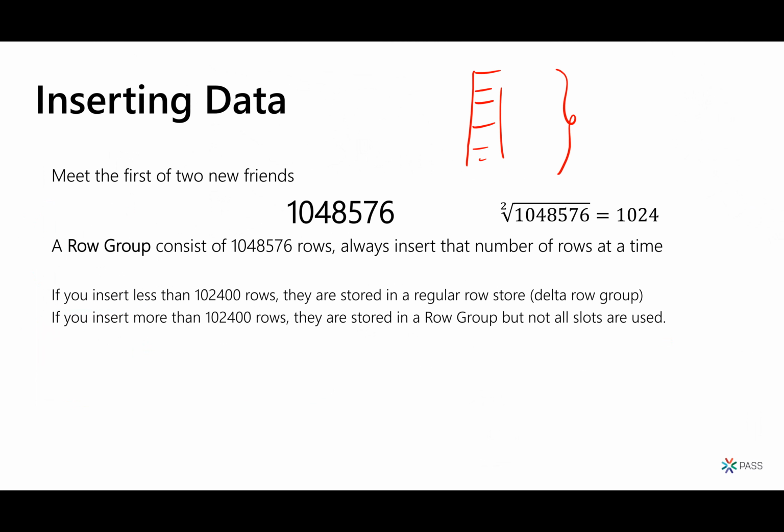If you insert more, but less than 1024 squared, then you get a row group on its own with whatever number of rows you insert. So if you insert 200,000 rows, you get a fresh row group, but you're wasting a lot of compression potential, because if you insert the next 200,000 rows, it doesn't go into the same row group, it goes into a new one again.